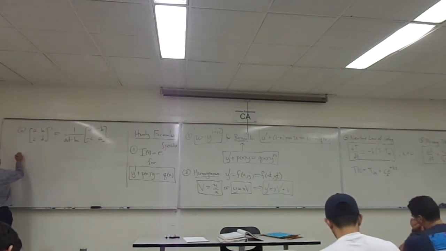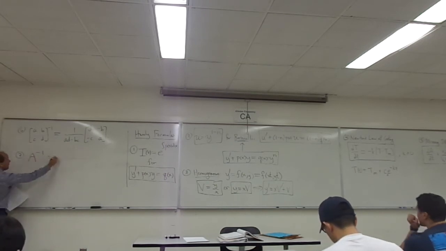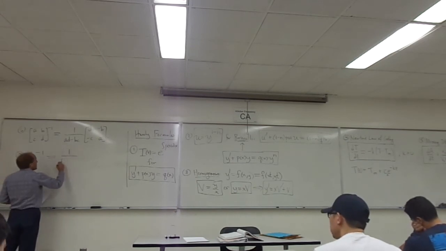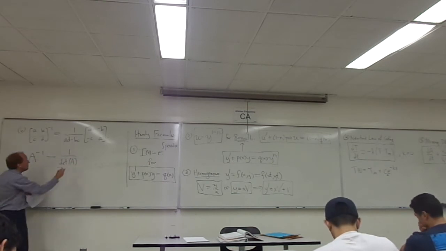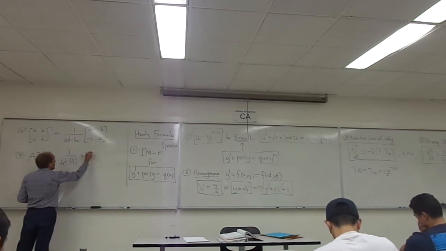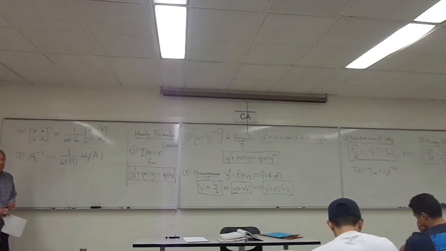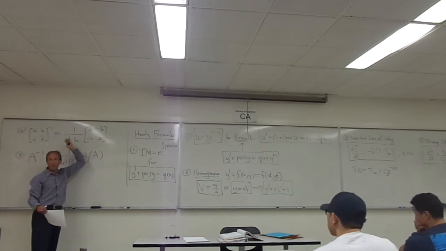Okay, and then more generally, I'll put number 7 down as related to number 6, which is that in general, if you want the inverse of a matrix, a good way to think of it is it's 1 over the determinant of the matrix times the adjoint of the matrix. Which is exactly what this formula is a special case of.